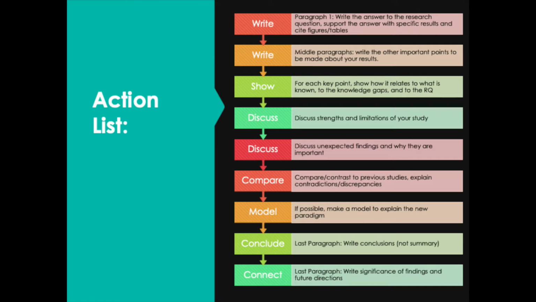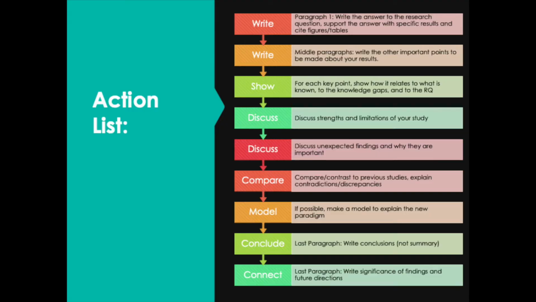Then you're going to write the middle paragraphs, and you will write about the other important points to be made about your results. So you should discuss all of your figures and tables. And for each key point that you're making about all of your results, show how it relates to what is known. In other words, the previously published studies. Compare and contrast.